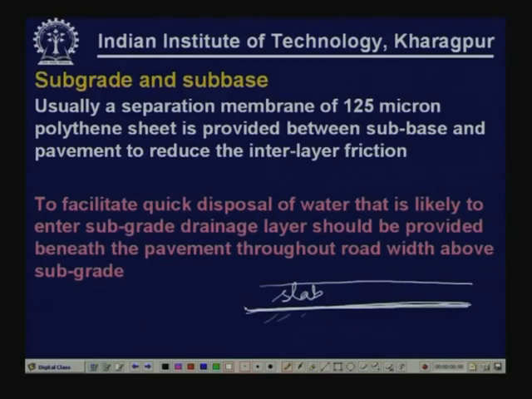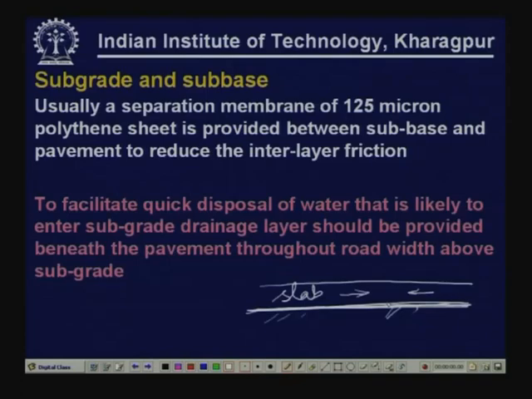The advantage of this is, when the slab tries to contract, and we are especially concerned about contraction of the slab because that is going to induce tensile stresses in the slab, the restraint offered by the foundation will be reduced because of the smooth interface.